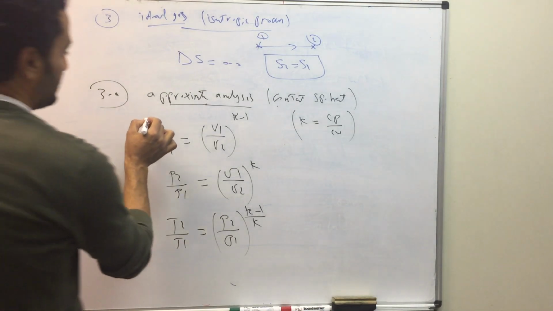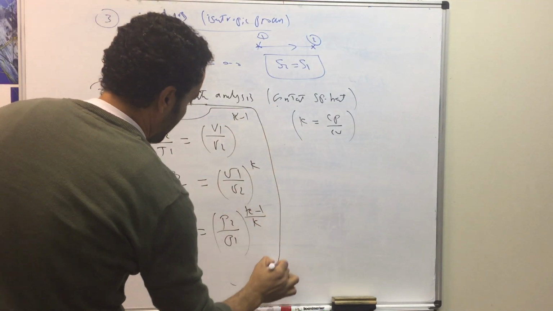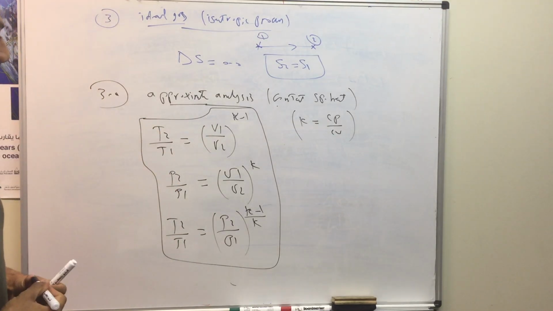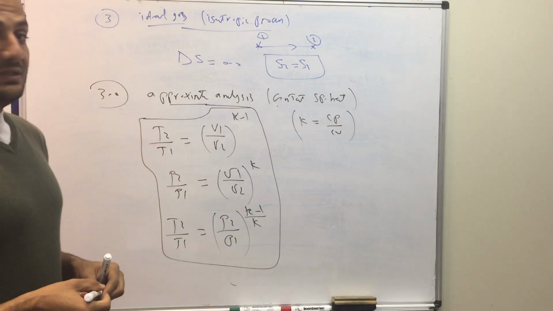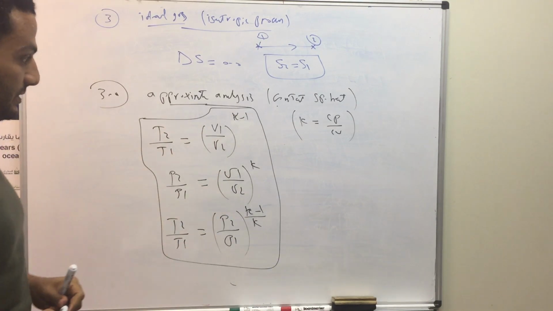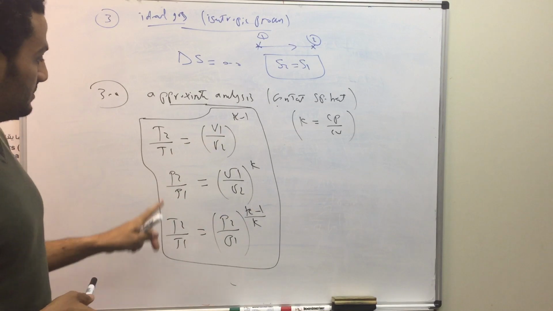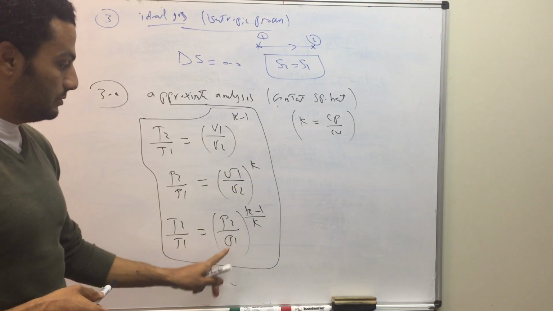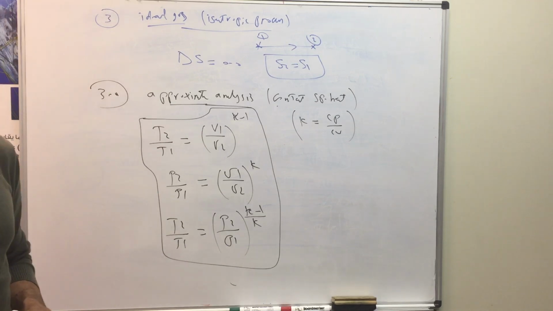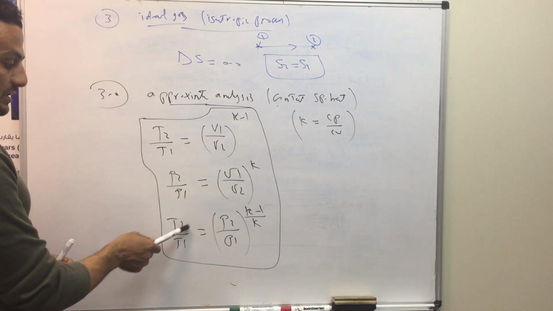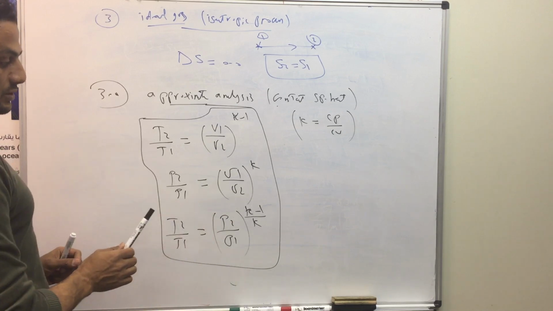So those are actually in this case the 3 relations. I don't remember them, but you have to remember them for your exam. So for approximate analysis, T2 over T1 is V1 over V2 to the power K minus 1. P2 over P1 is V1 over V2 to the power K. T2 over T1 is P2 over P1 to the power K minus 1 over K. So if you have P2, P1, T1, then you can calculate T2 using this relation, and so on.